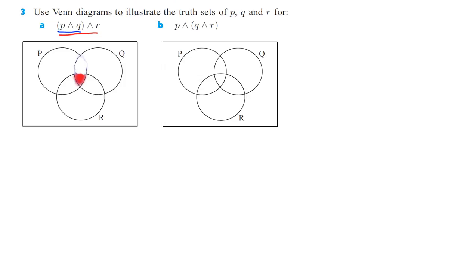For B, let's see, let's do Q and R. So here's Q and R. So that's all this stuff in here. All right, so there's Q and R, and now we're going to do P and Q and R. So that's where P intersects with Q and R. So that's also going to be just that middle section in here, isn't it?